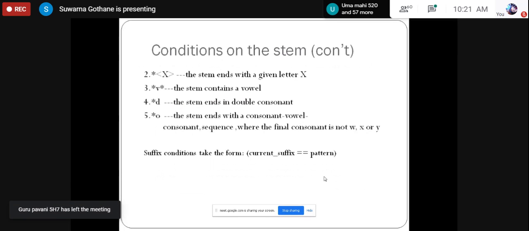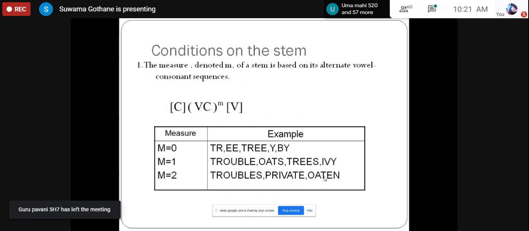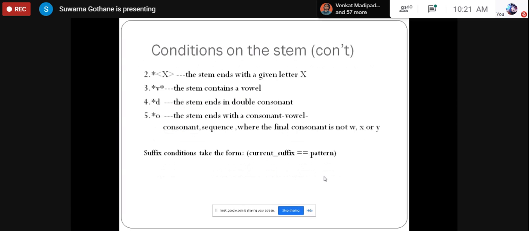Now, this is the condition on the stem of the measure M: C VC to the power M V. Now here, what does it mean? Star X means any stem ending with a given letter X. Here in between V represents vowel, so the stem contains a vowel.